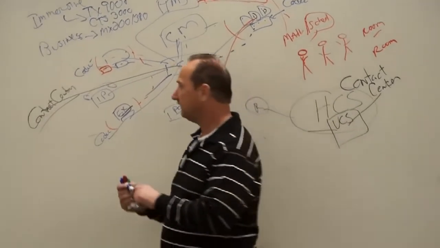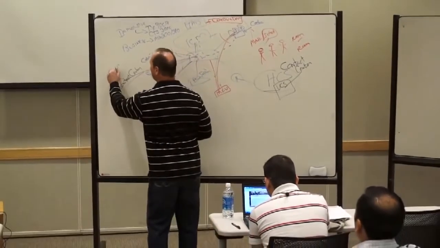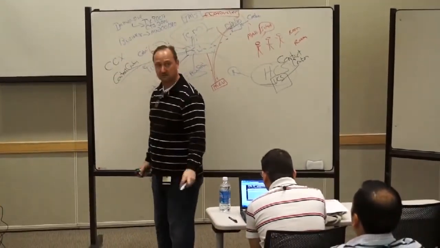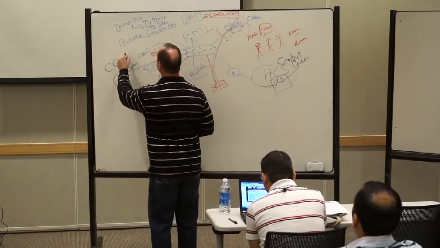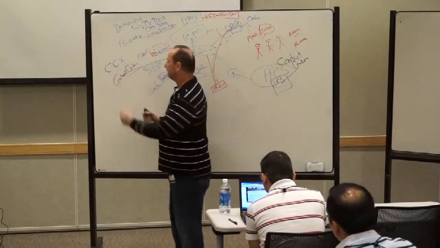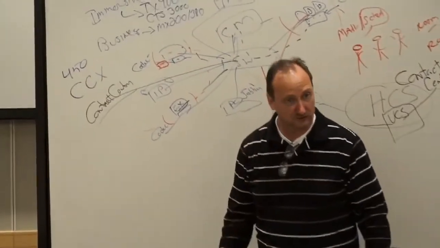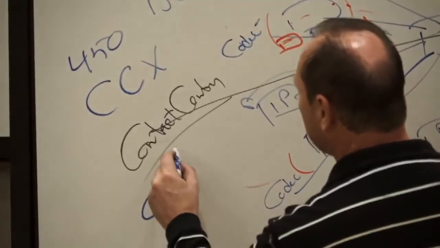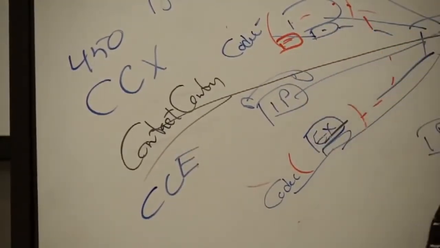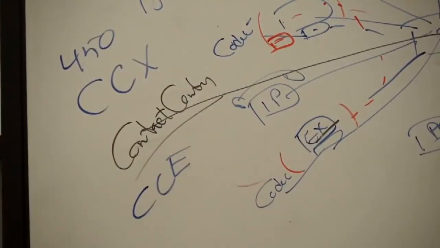Application, exactly. I'm going to just cover two types of contact center. We have Contact Center Express, which is in essence an application server, one or two, that we could use for up to 450 agents. Or we have Contact Center Enterprise, which scales to, I think, well over 7,000 agents.